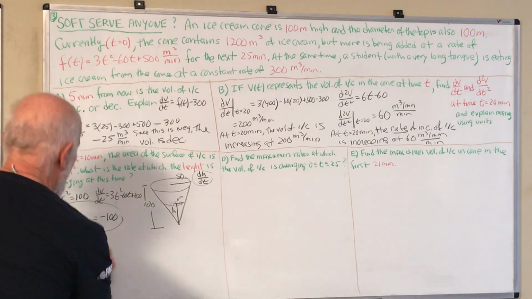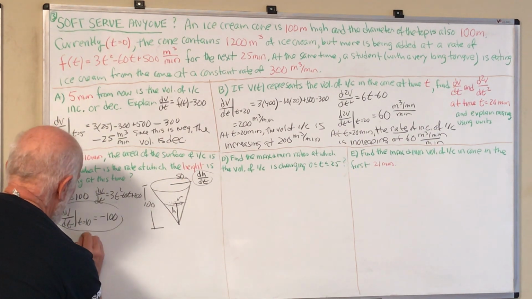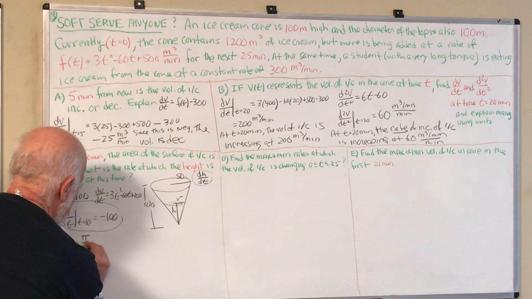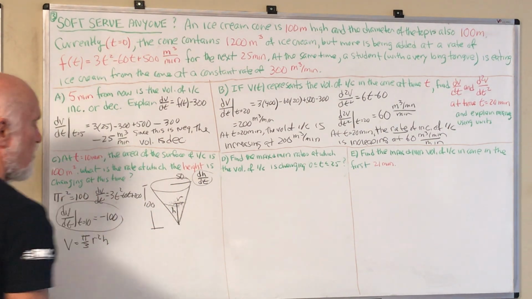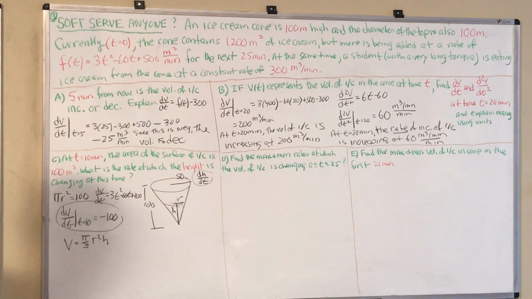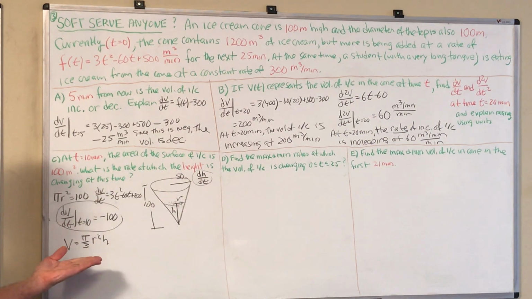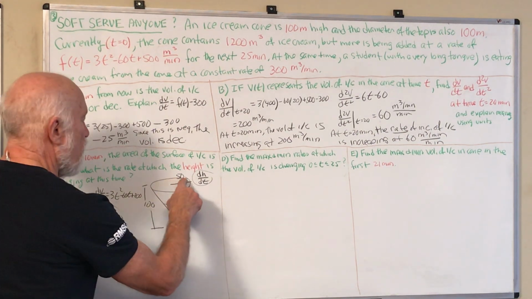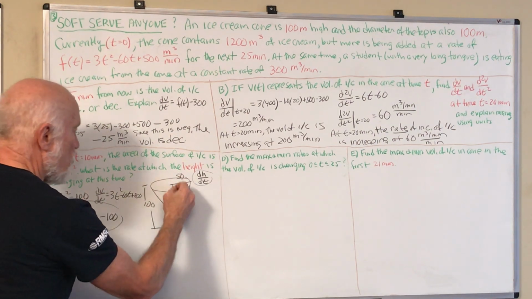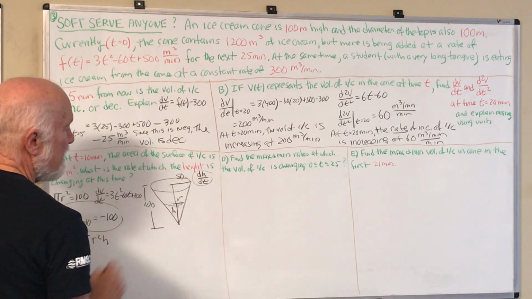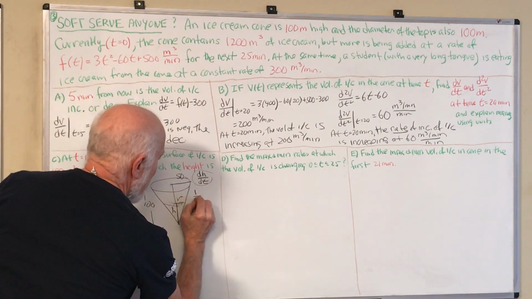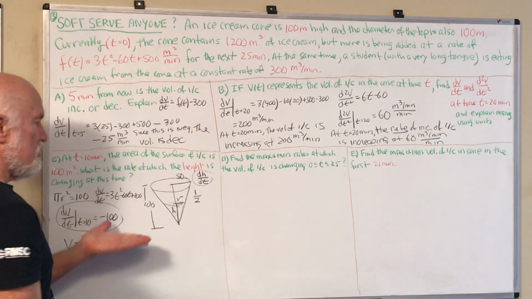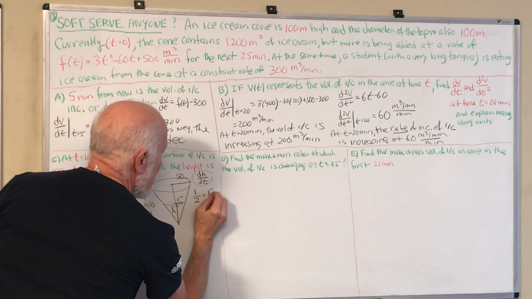So what do we know? We know V equals 1/3 pi r squared h. That would be the volume of ice cream in that cone. But we have two variables here. But what do we know? 50 is to 100 in this big triangle as r is to h. 50 to 100 is like 1 to 2 as r is to h.